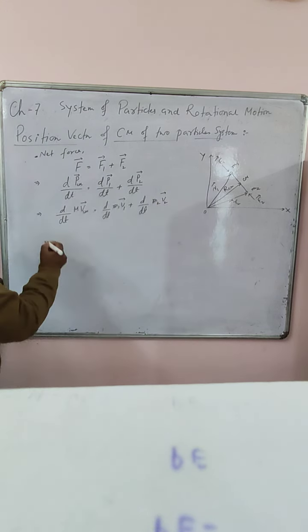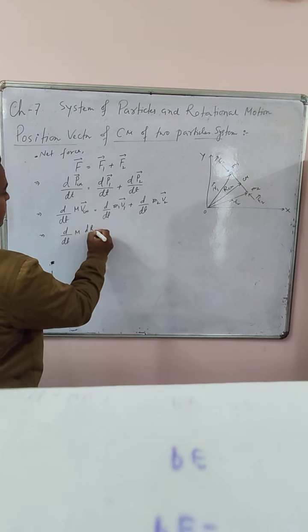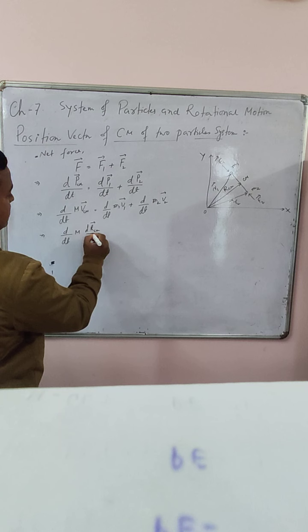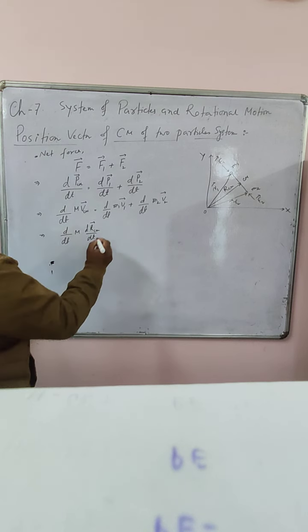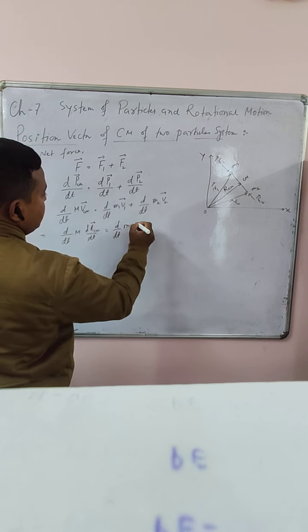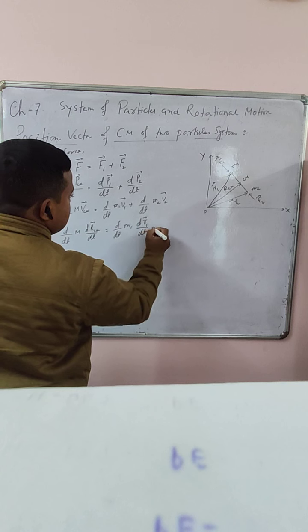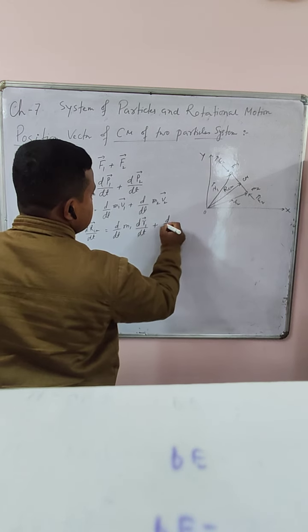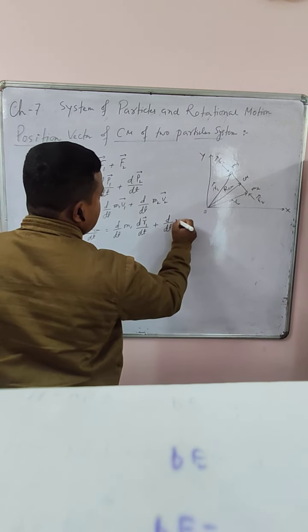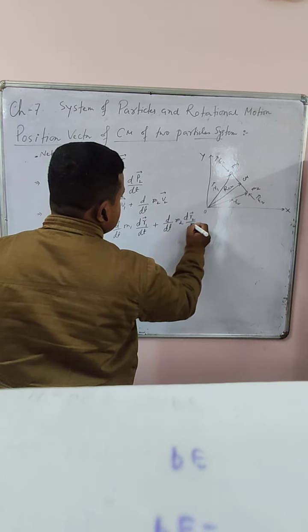Then d of dt of m v, I can write dr by dt, so d rcm by dt. Here d of dt m1 v1 you can write as dr1 by dt, plus d of dt m2 v2 as dr2 by dt.